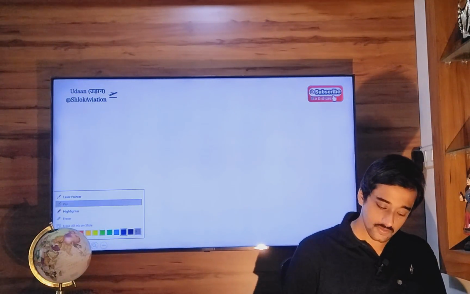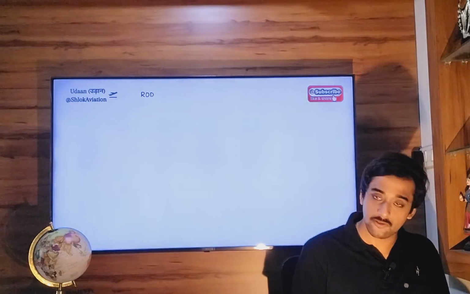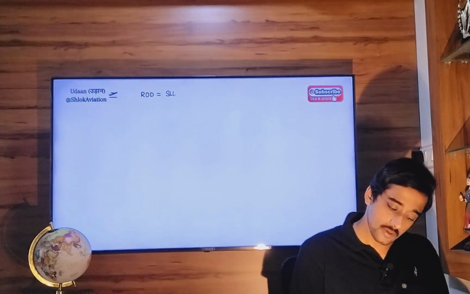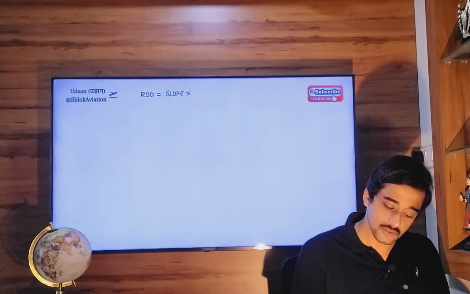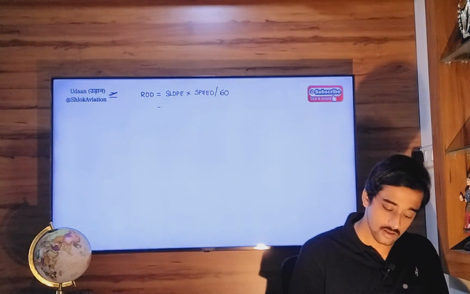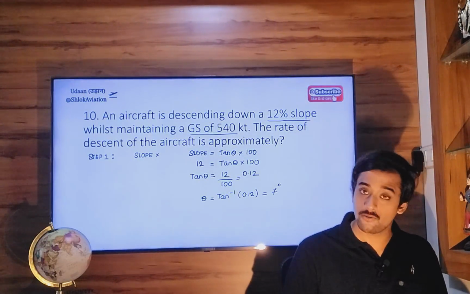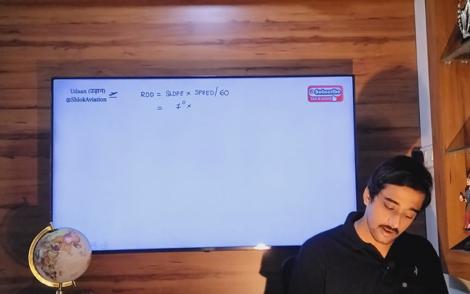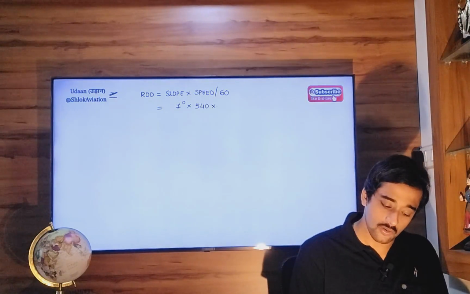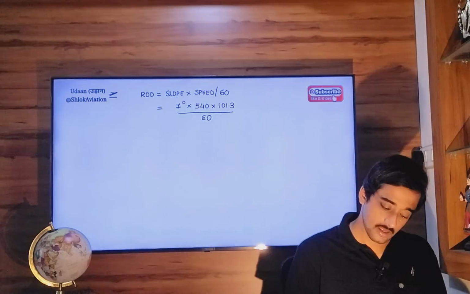Next, rate of descent in terms of feet per minute is slope in degrees multiplied by speed in terms of feet per minute divided by 60. So 7 degrees into speed. What is the ground speed? 540 knots. So 540 into 101.3 feet per minute divided by 60. Okay.